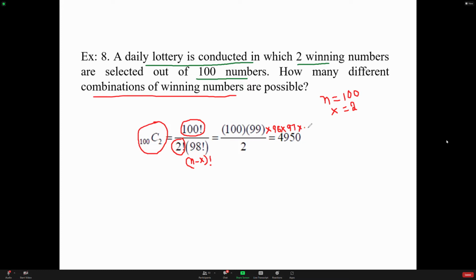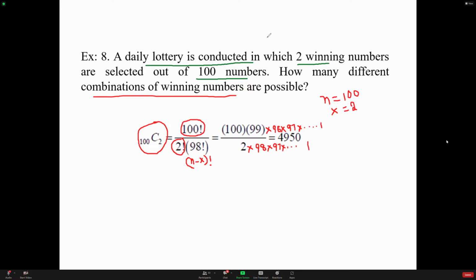I'm just explaining the calculation. So this will be written up to 1. But in the denominator, you have factorial 2 and factorial 98. Factorial 98 is 98 into 97 up to 1.